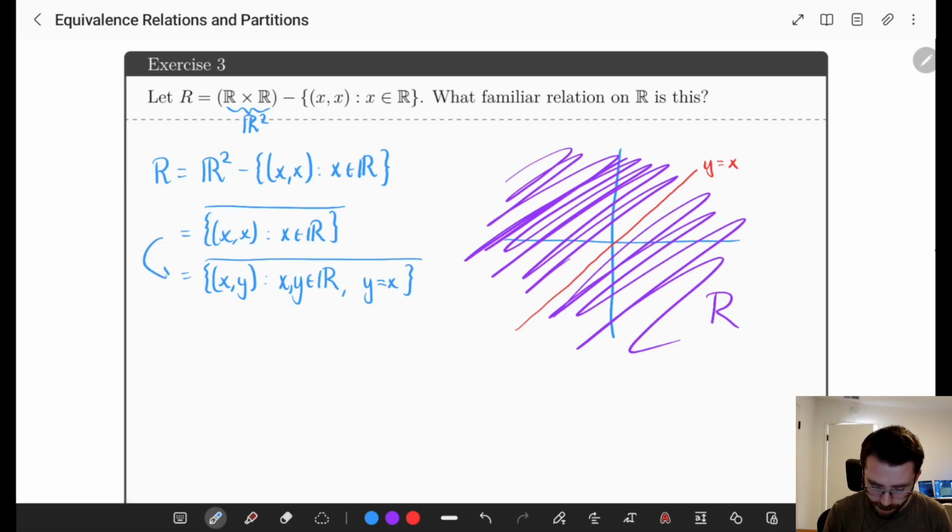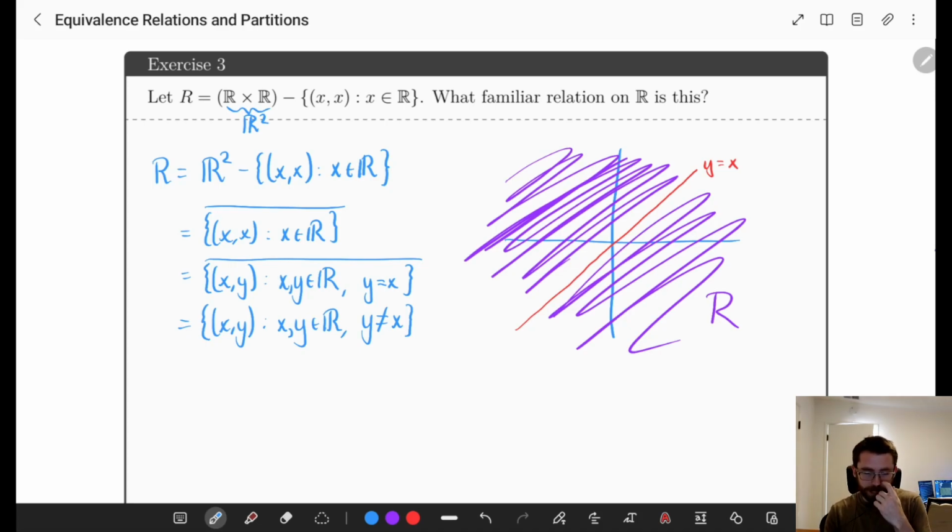So these are now the same set, so it's reasonable why I put an equal sign between them. And now if I'm taking the complement, you maybe realize I can just complement this condition here. So instead, I can rewrite this as, no complement anymore, just the set of x, y, such that x and y are both in R, and y is not equal to x.